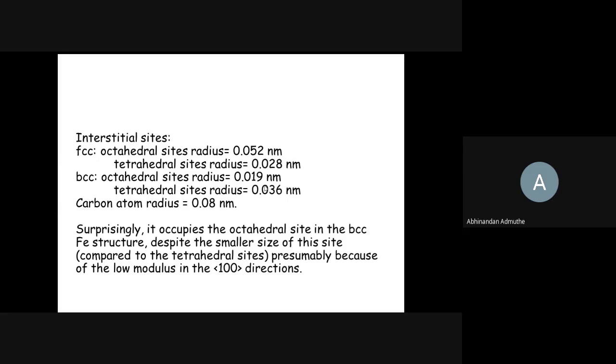It will take the octahedral site in the body-centered cubic structure. Why it prefers the octahedral site is presumably because of the low modulus along the 100 direction.